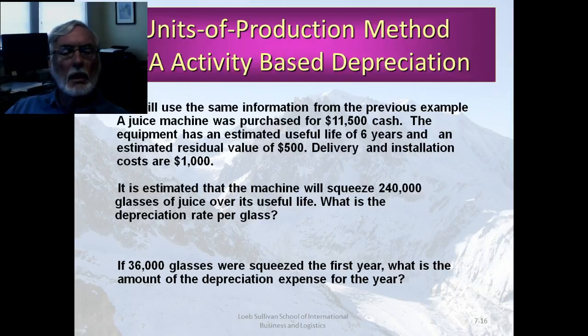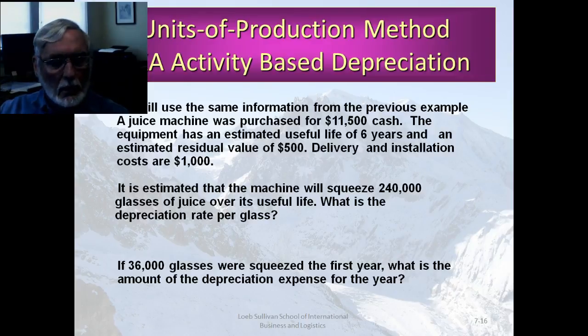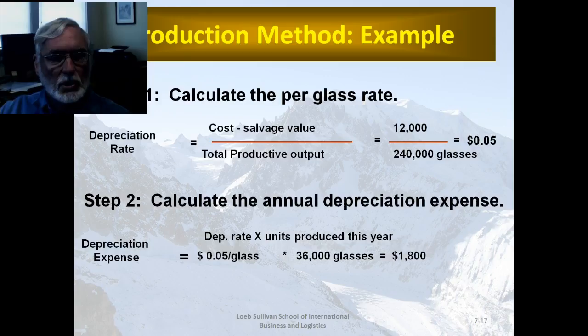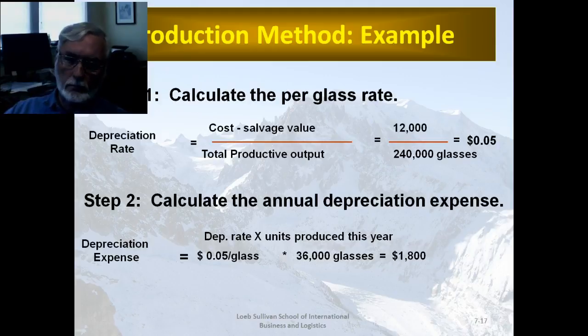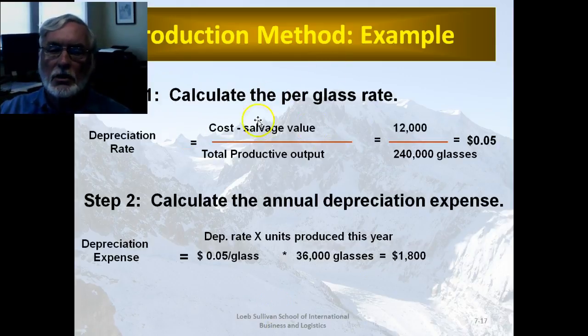If in year one we have 36,000 glasses squeezed, we can calculate the units of production method: cost minus salvage value, you've got 12,000 divided by 240,000 equals a nickel, and 5 cents times 36,000 gives us a depreciation of $1,800.